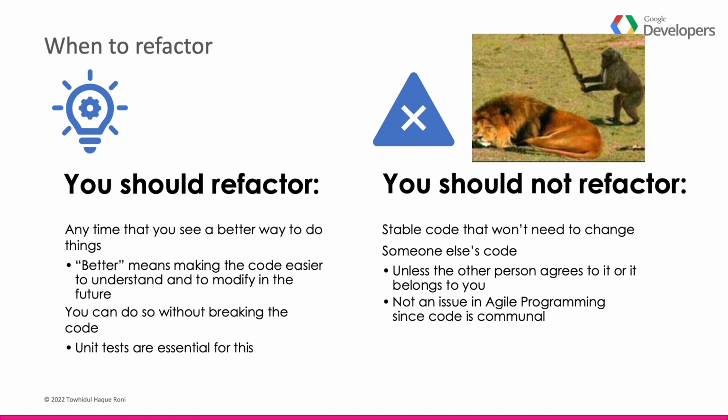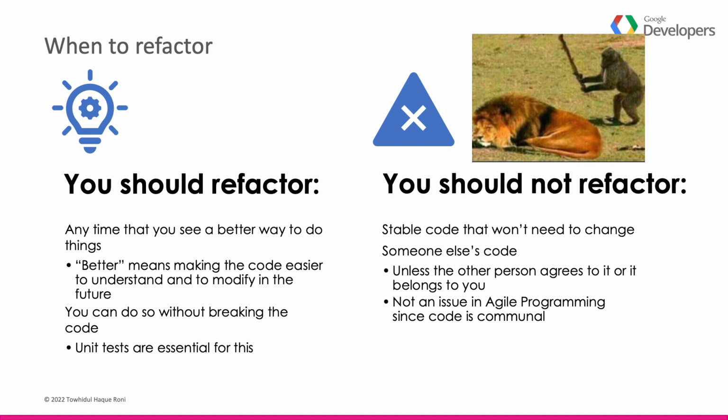One such instance is when we have stable code that doesn't require any further modifications. If the system is humming along without any issues and there are no new requirements in sight, why risk disrupting its harmony? Another scenario is when we find ourselves dealing with someone else's code.